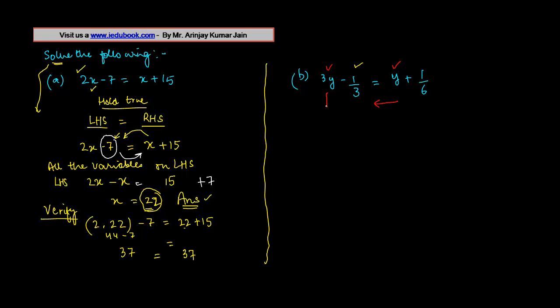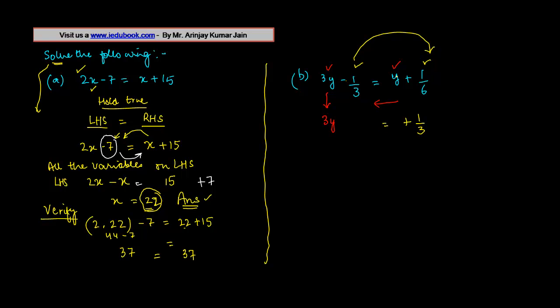So we jot down 3y as it is. Then I have minus 1 by 3, which obviously is a constant number. So I move the constants to the right hand side. This minus 1 by 3 comes to the right hand side, and since you are changing the side of the equation, you have to add here because it was minus here.